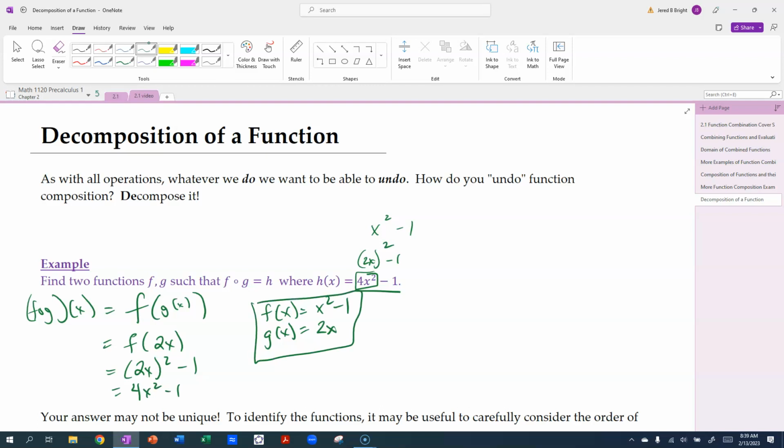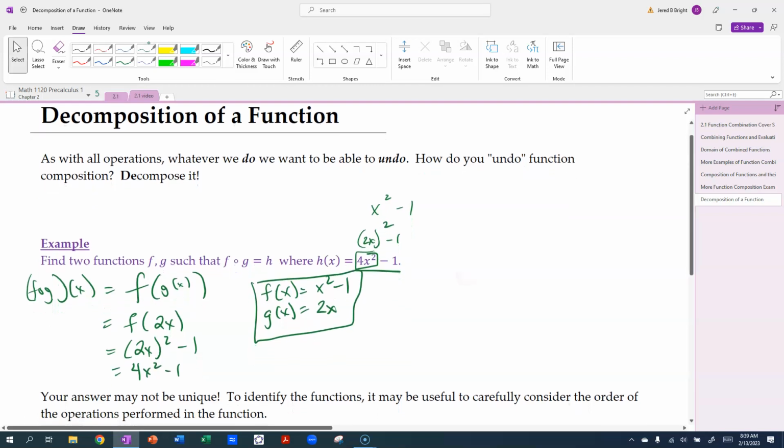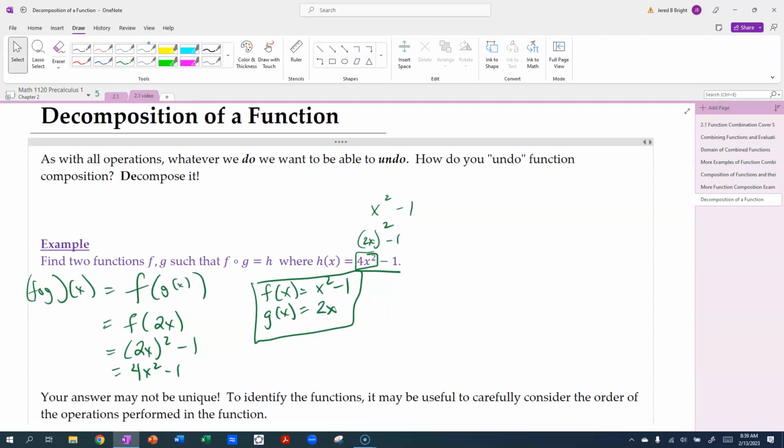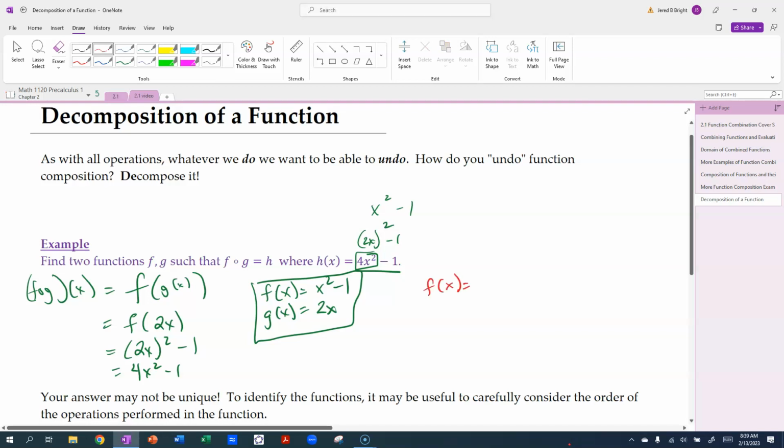Now, these are my answers. Your answers may not be unique, meaning you could have one thing, your friend could have another set of things, and that's totally possible. Another silly way to break this down could be to say that f of x is 4x squared minus 1, and g of x, this is really silly, is just x.